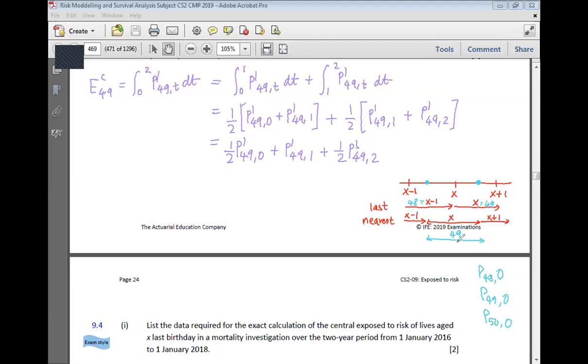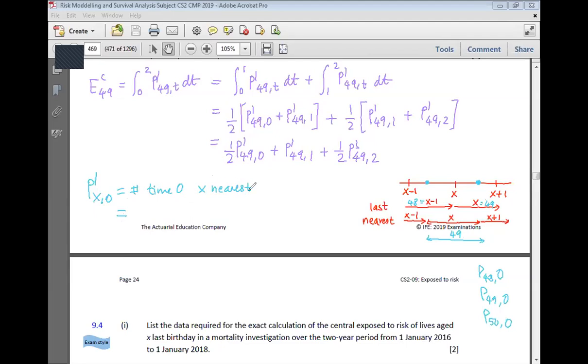Or maybe if this seems a bit difficult to you, you can just derive a particular relationship. If I have this thing, what do I mean by this? It is the number of lives alive at time 0 and aged x using the nearest definition, right? And if I were to equate this with the age last definition, what will I have to do?